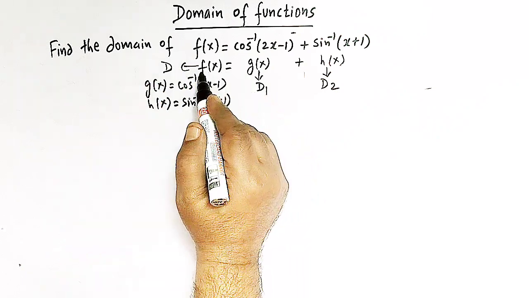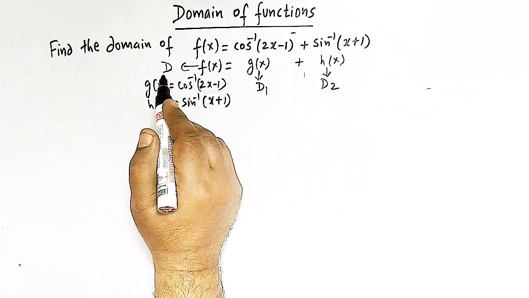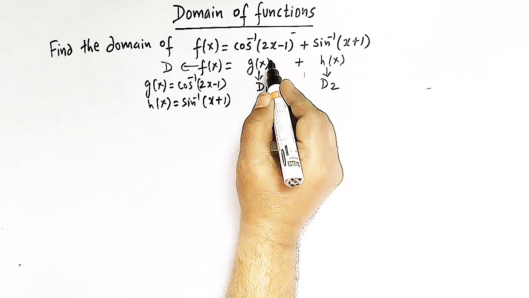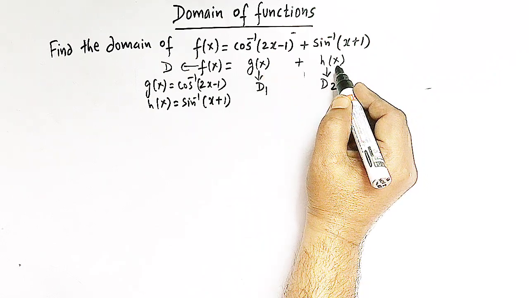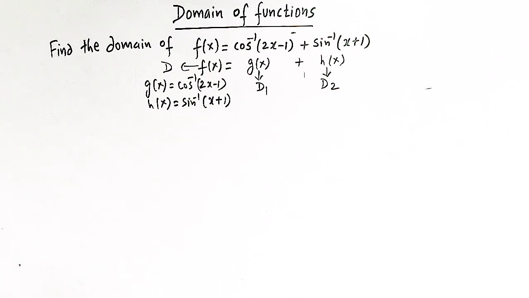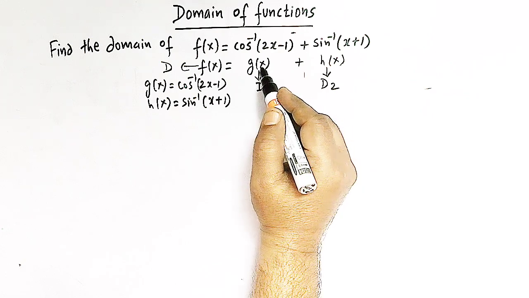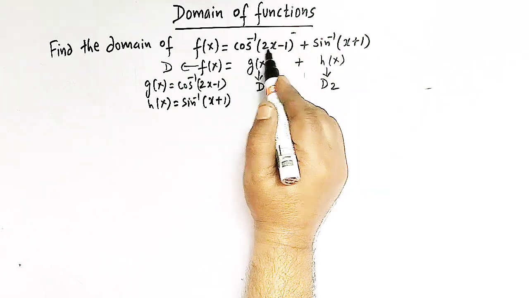Now f of x is the sum of two functions. Therefore, the domain of f of x depends on the domain of g of x and h of x. Here we have to search for those values of x which simultaneously define these two functions.